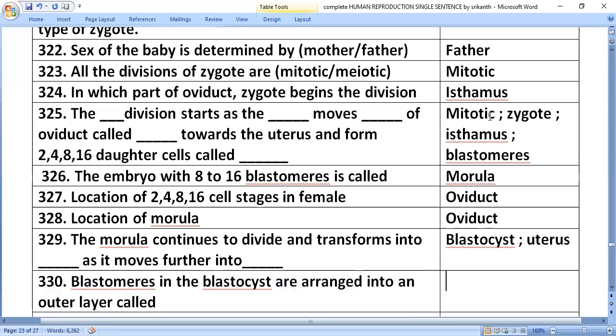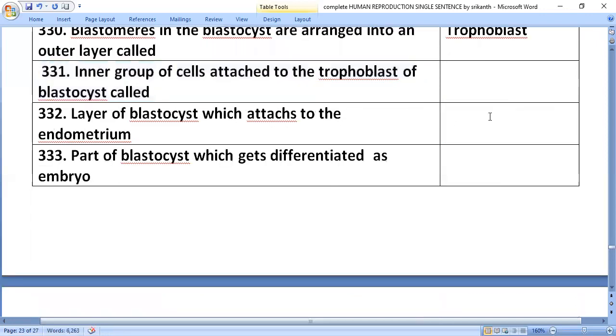Blastomeres in the blastocyst are arranged into an outer layer called the trophoblast. The inner group of cells attached to the trophoblast of the blastocyst is called the inner cell mass. The layer of the blastocyst which attaches to the endometrium is the trophoblast. The part of the blastocyst which gets differentiated as the embryo is the inner cell mass.